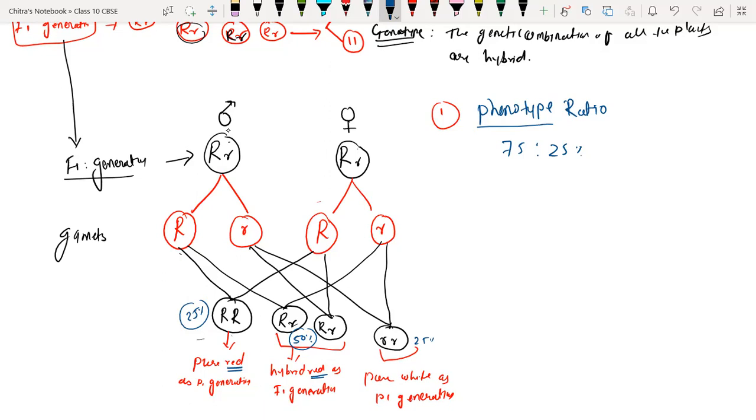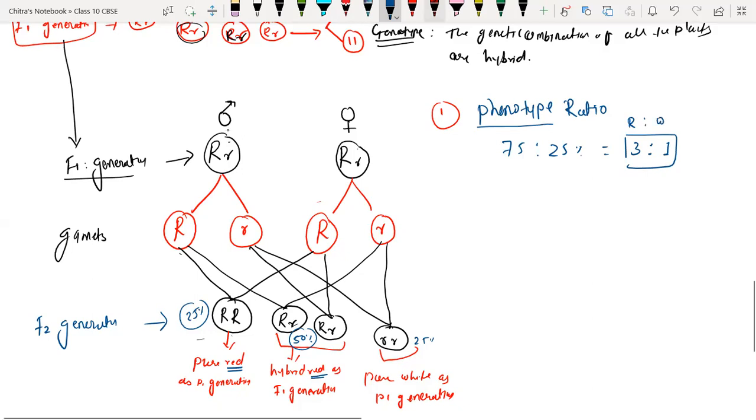Or in simple ratio, you can write it is 3:1. So I'm writing here, it is the F2 generation. For the F2 generation, 75% of plants will have red flowers and 25% of plants will have white flowers. So their simple ratio for red to white will be 3:1.